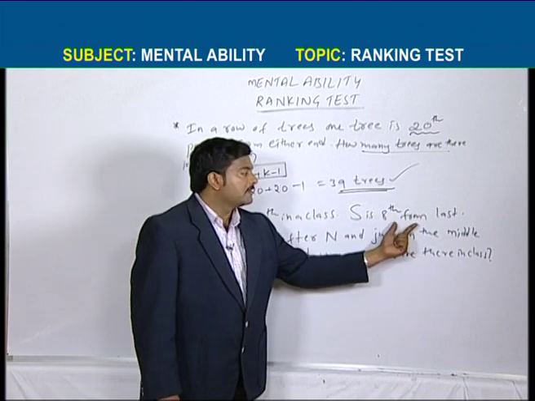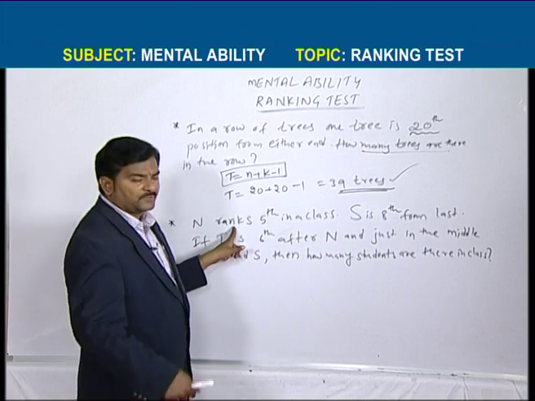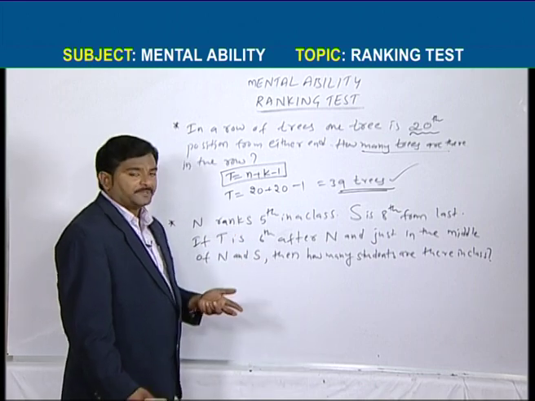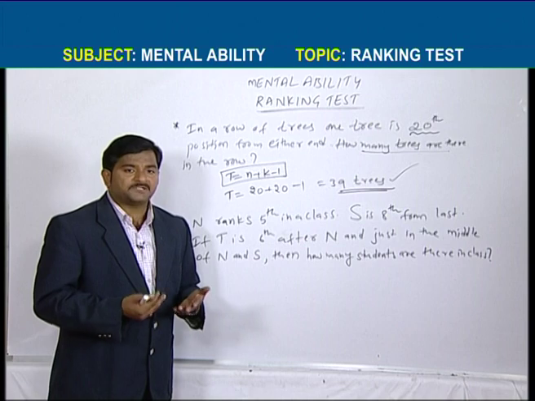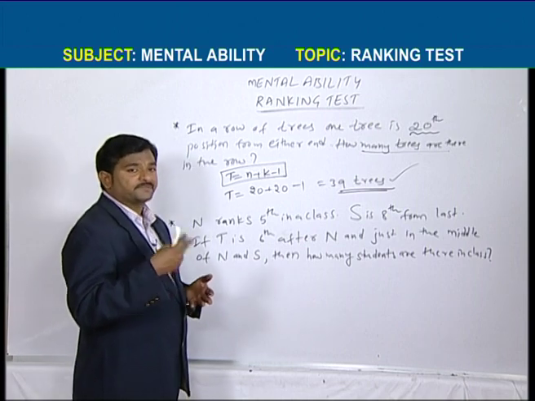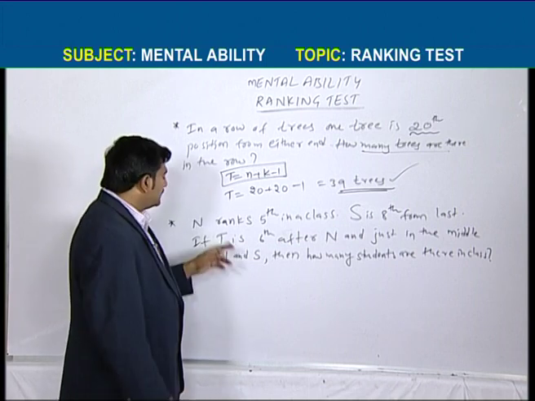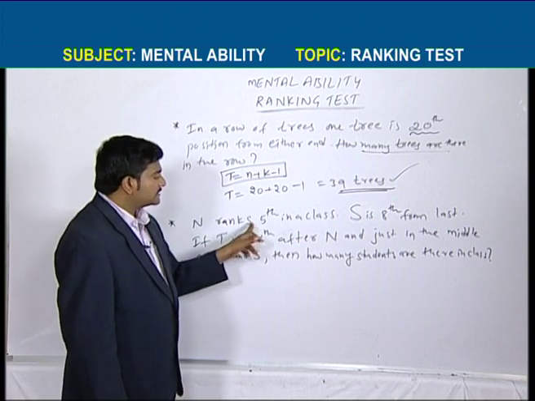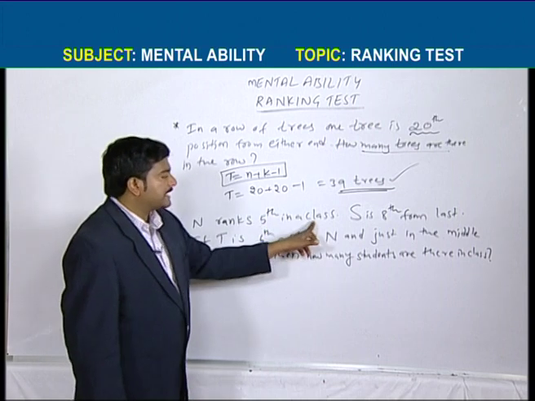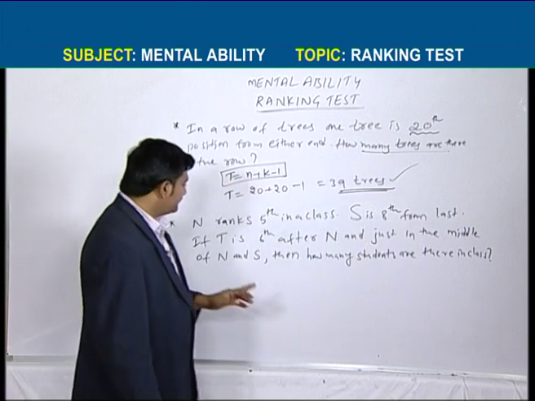He gave S's position from the last as 8. Even though I didn't mention front, I got 5th rank means obviously it is from the front only. The meaning is that N ranks 5th in a class, S is 8th from the last.